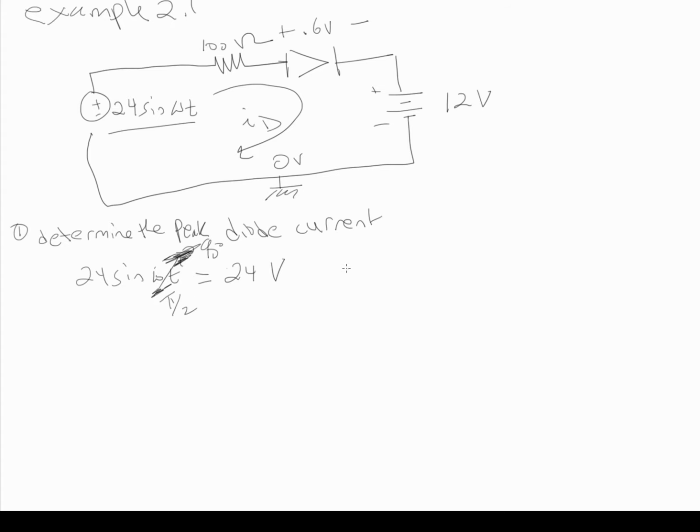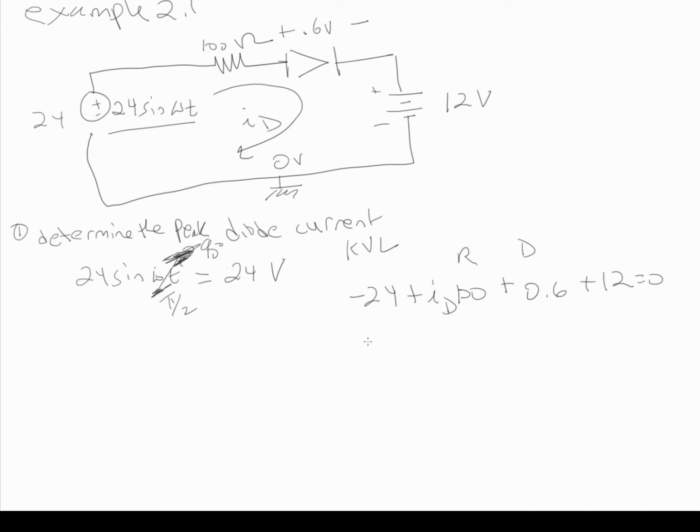And so if we do KVL at that point, and we just call this 24 at some later time, we're going to get minus 24 plus ID times 100, that's R, plus 0.6, that's for the diode, plus 12 equals 0. So that's just KVL.